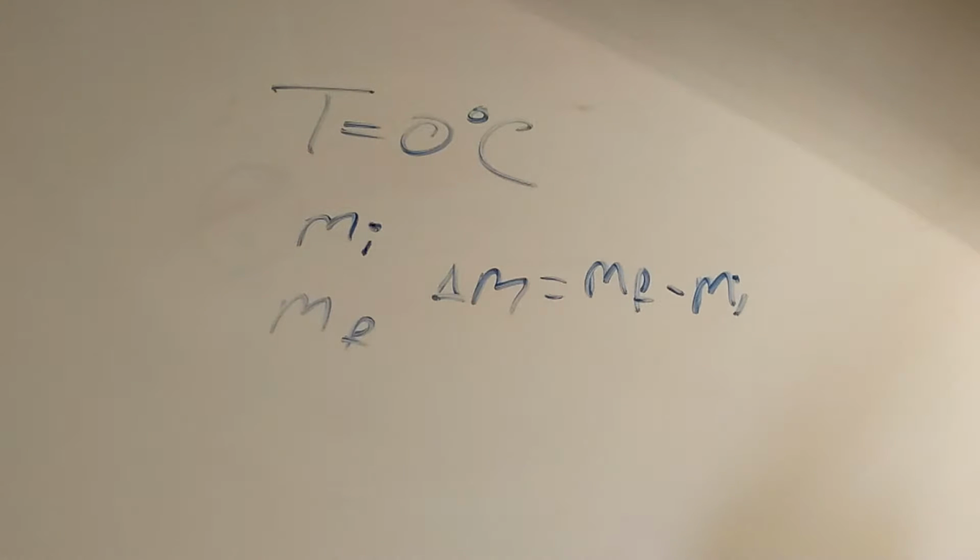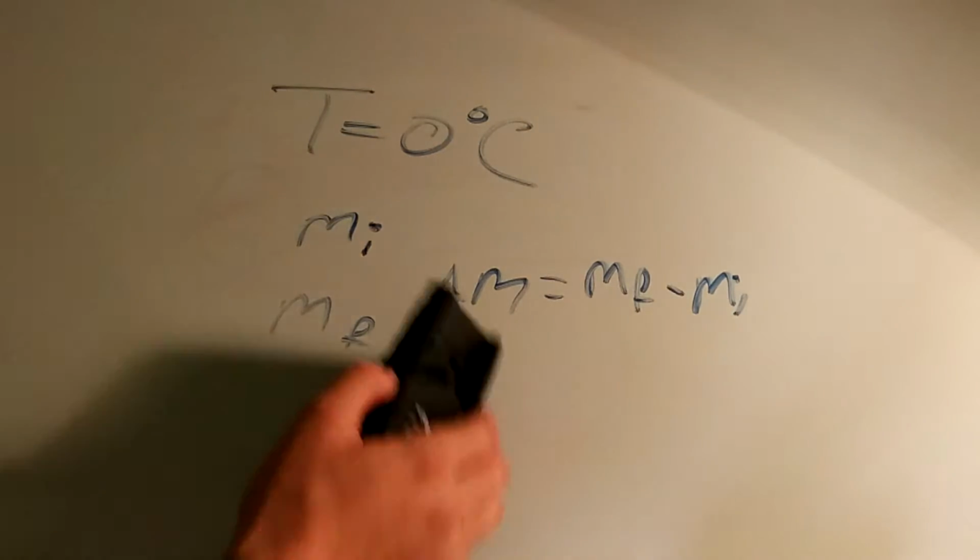Okay, now let's move to something different. The latent heat value for vaporization is the same as for condensation, but remember that the sign will be different. When we have melting or vaporization, we have a plus sign for the heat, since we're adding heat to the system and raising the internal energy.